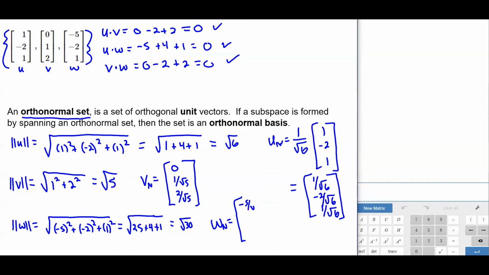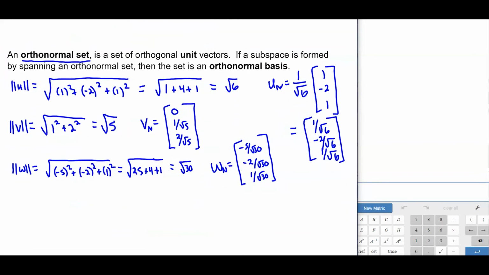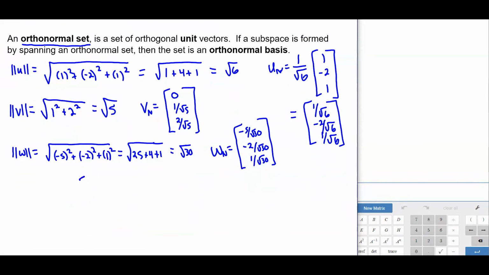So -5 over root 30, -2 over root 30, and 1 over root 30. So now we would say the set Un, Vn, and Wn is an orthonormal set. They're still orthogonal, but now they're unit vectors.